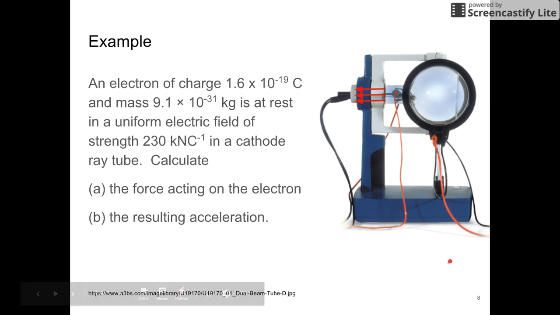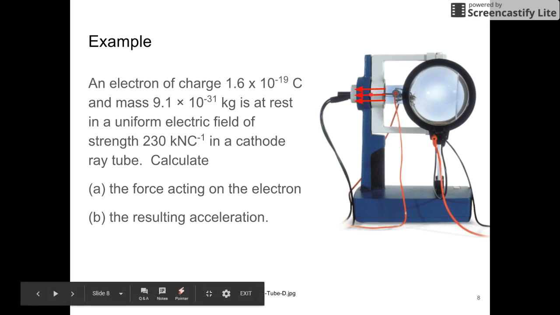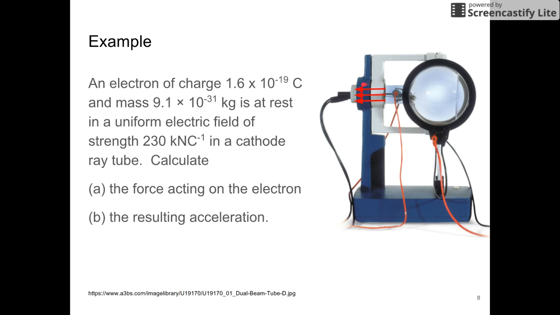And so F equals QE is given on the formula sheets. So if you had an electron which was put in an electric field here, you can notice that because the arrows for the field are going in that direction, then the electron will go in that direction, and electron's got a charge 1.6 times 10 to the minus 19 coulombs, mass 9.1 times 10 to the minus 31.